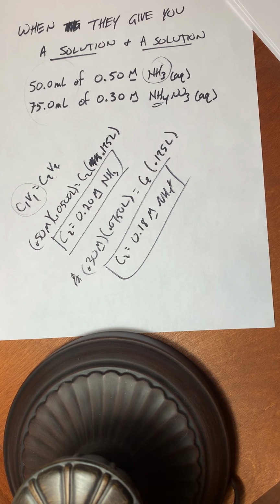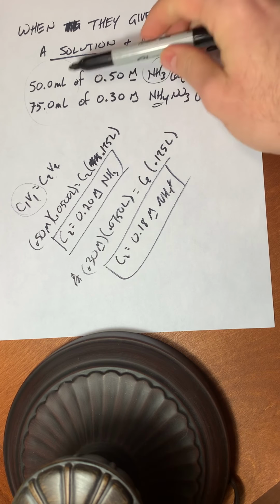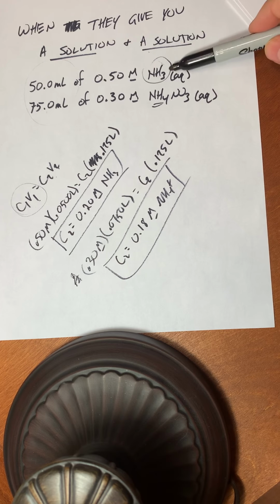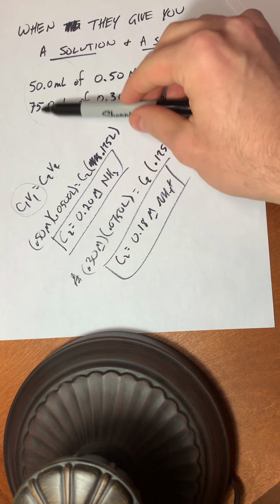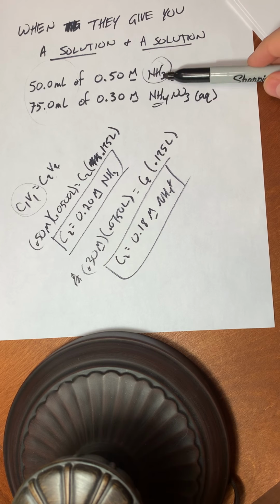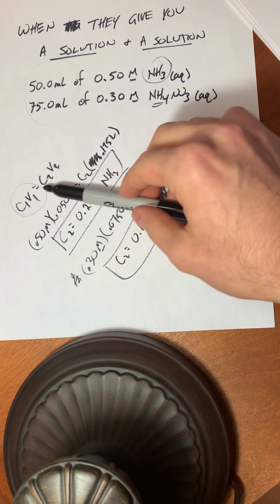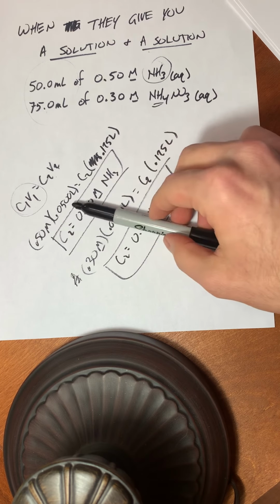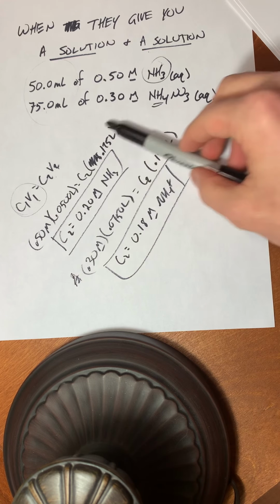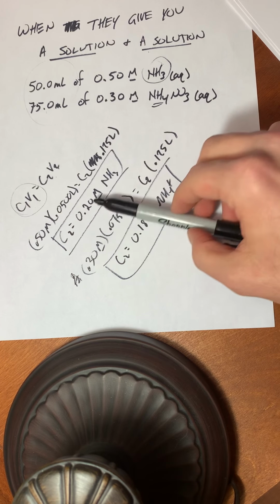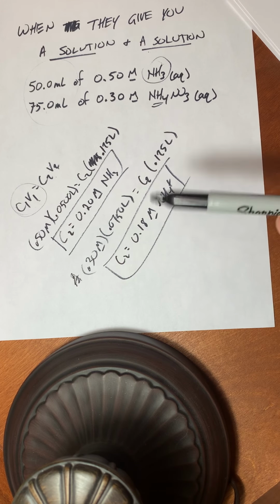So mixing two solutions together, we're changing the volume of this ammonia solution by adding 75 milliliters of stuff. So we do a quick C1V1 equals C2V2, the pre-mixed value and the value after you mixed it, to give us 0.20 molar ammonia.